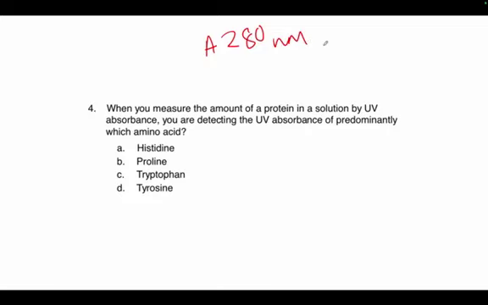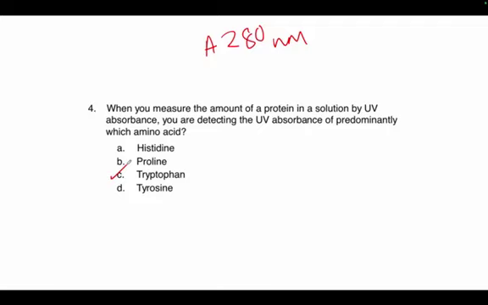Okay. And the absorbance at 280 nanometers is basically contributed to by two major amino acid residues, tryptophan and tyrosine, but the major contributor to this is tryptophan. Okay. Basically, the aromatic amino acid residues absorb in the UV range.